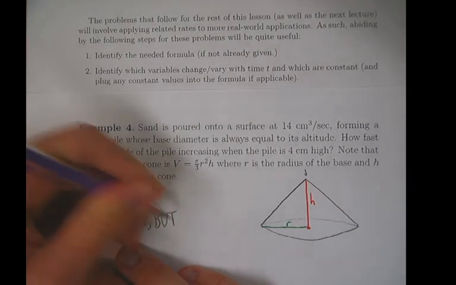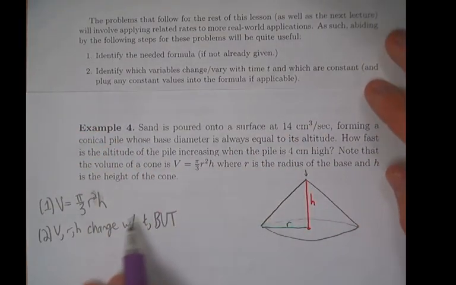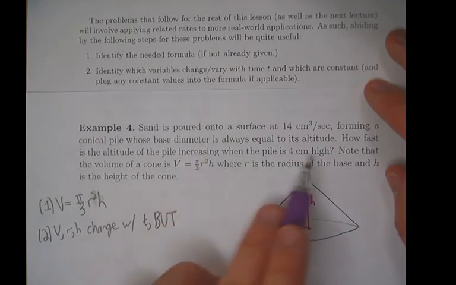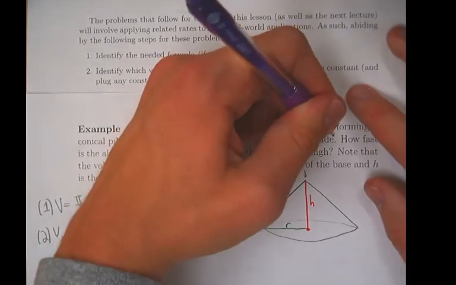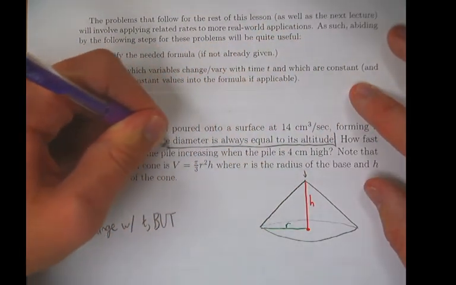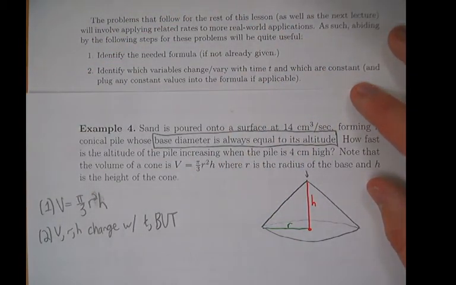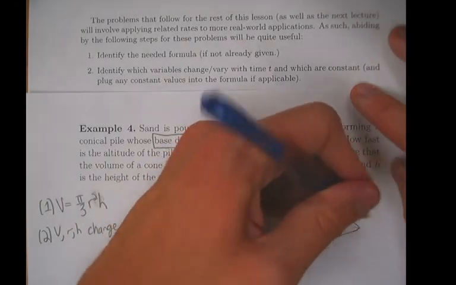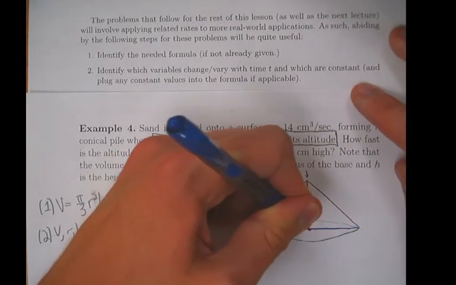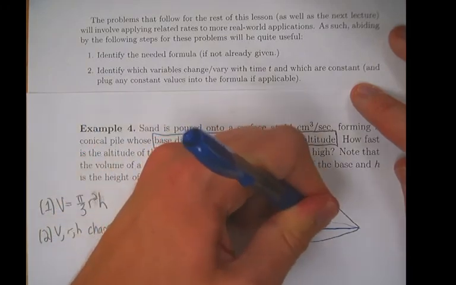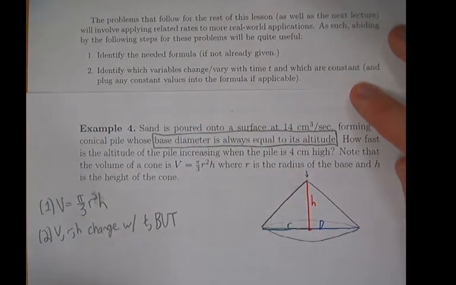But like you said, there's a nice little relationship between the radius and the height. The base diameter is always equal to the altitude. So if our base diameter is this, then that says that the base diameter here is always equal to h.